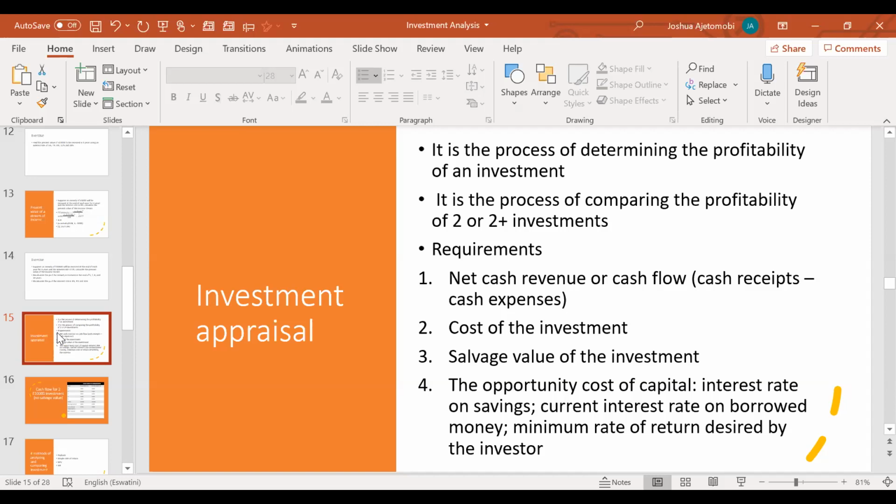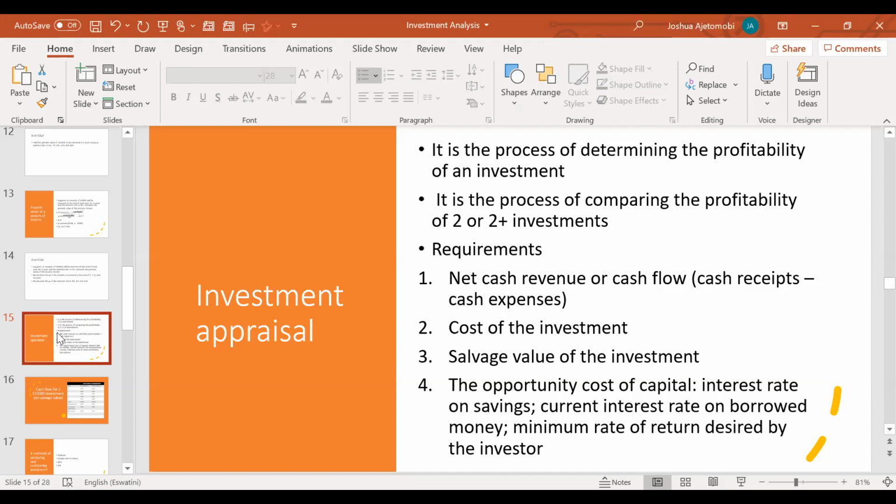And what do I need to compute for my investment appraisal? Number one, I need my cash flow. And don't forget, we have done cash flow budgeting, so we should be familiar with the process of computing cash flow. Then you need the cost of the investment, that is the initial cost. Then you need the salvage value of the investment.